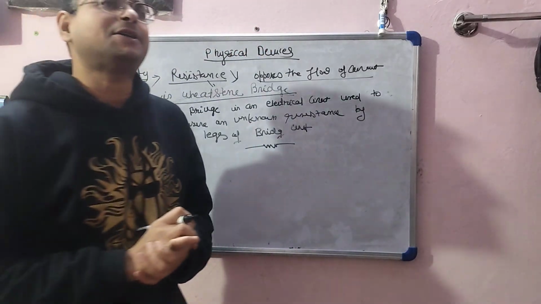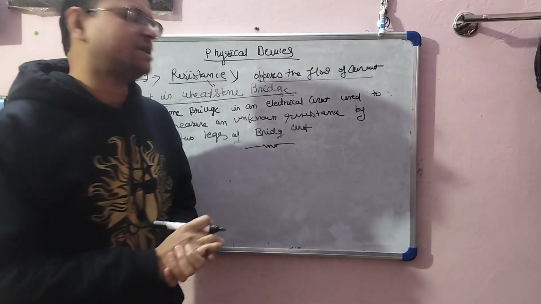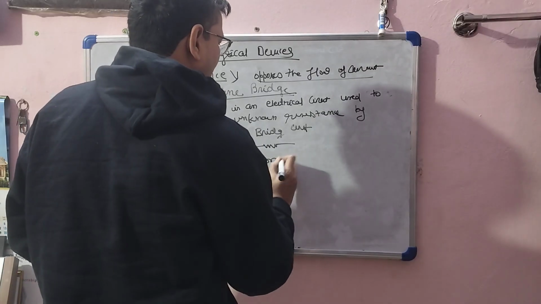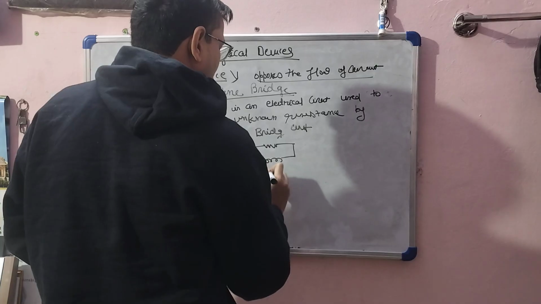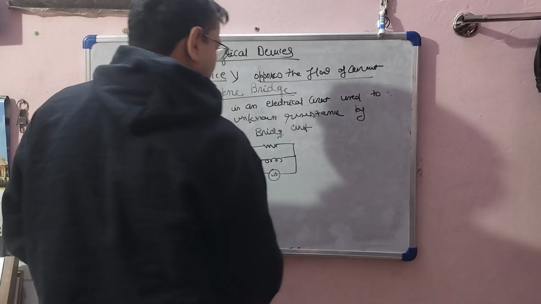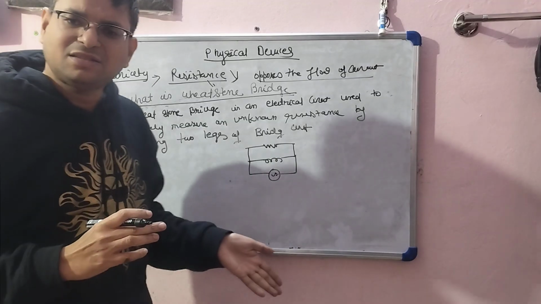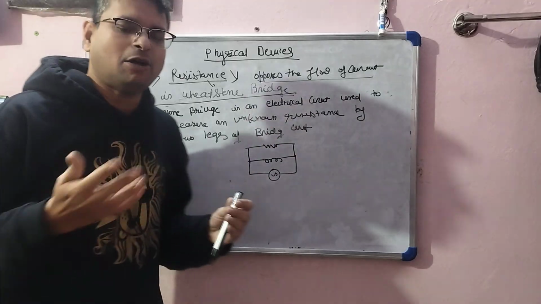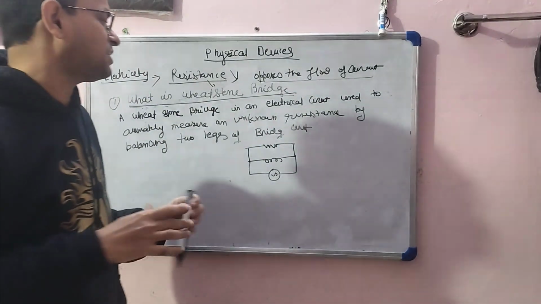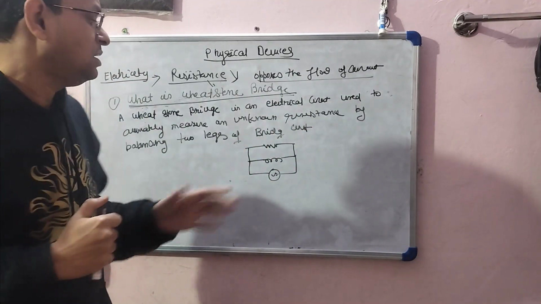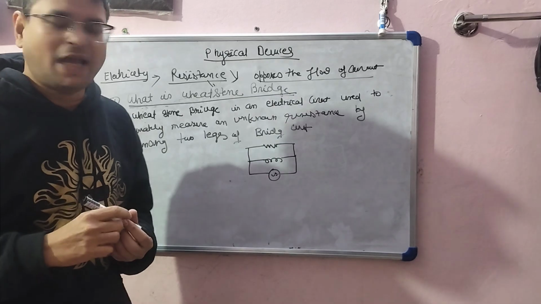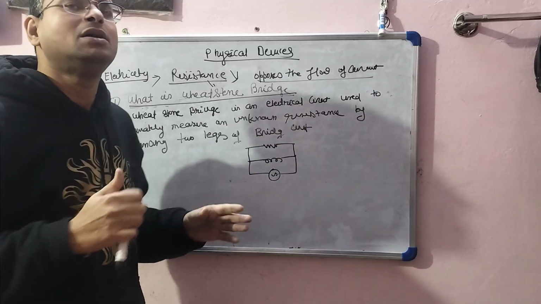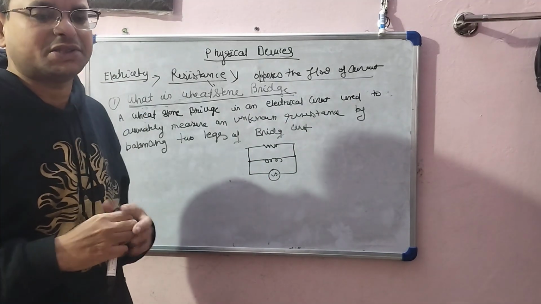In our homely applications we are using AC current. In our domestic homes we are using AC voltage. In that AC voltage, 230 volts is supplied by the government at 50 hertz frequency.